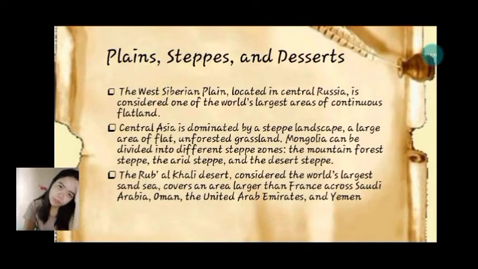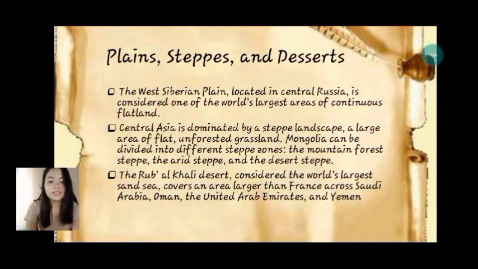So let's proceed to the plains, steppe and desert. First is the West Siberian Plain. It is located in central Russia. It is considered one of the largest areas of continuous flatlands.